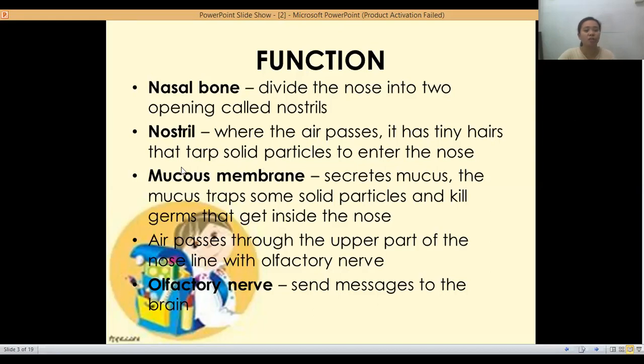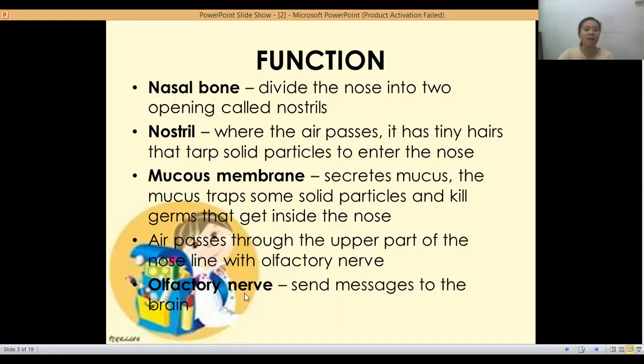And we also have the mucous membrane. It secretes mucus, and the mucus traps some solid particles and kills germs that get inside our nose. So after the hairs, we have the mucous membrane that also traps particles. Okay? And the air passes through the upper part of the nose lined with olfactory nerve.